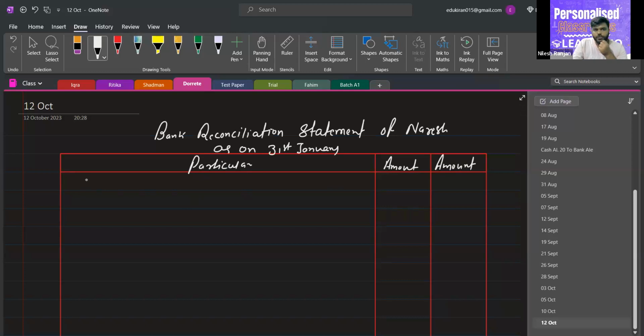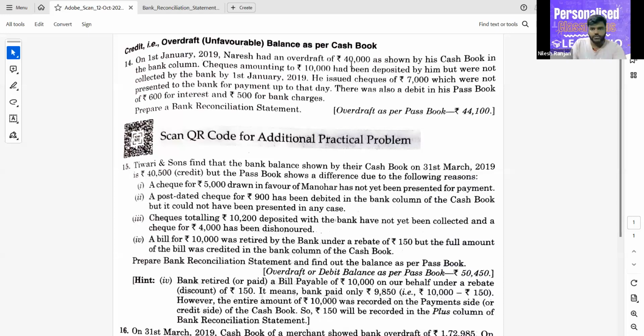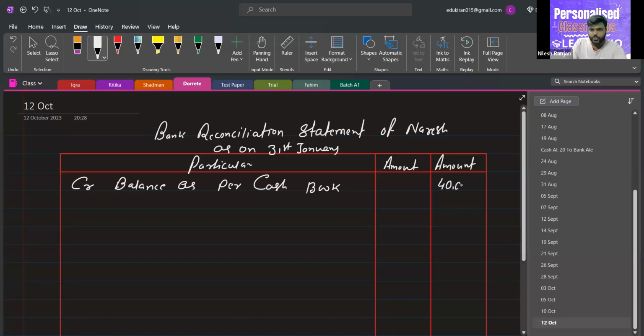Now, first of all, credit balance as per cash book. The first method is we have to write the opening balance in negative form. So the total amount is 40,000, and if we write this opening balance as negative, then all other treatment will be the same.